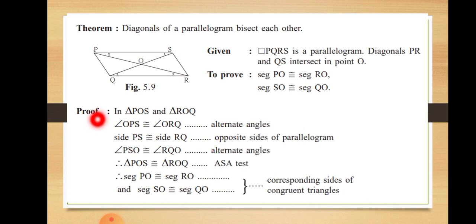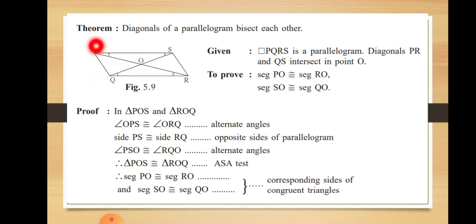And now look at this angle, this angle S and this angle Q. All these four have identical marks, and all these are nothing but the alternate angles. So angle QPS is congruent with angle ORQ.